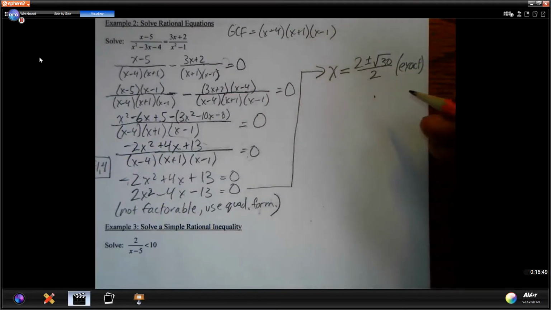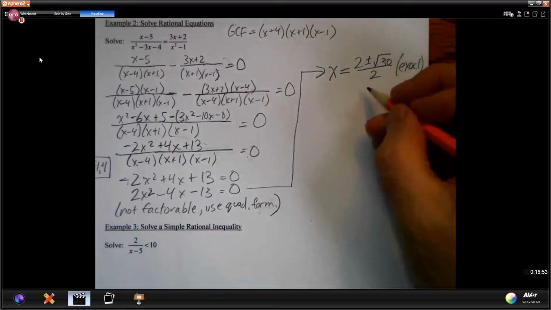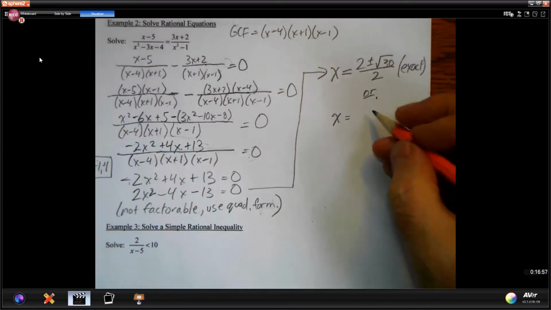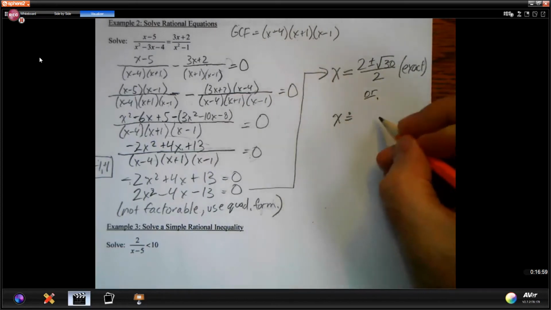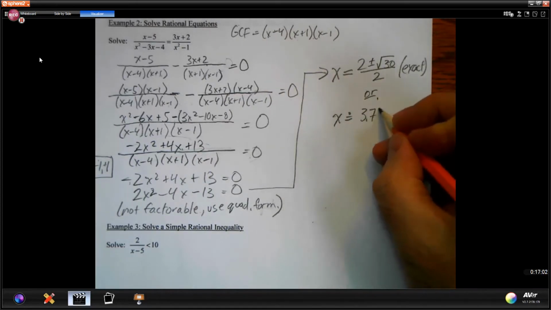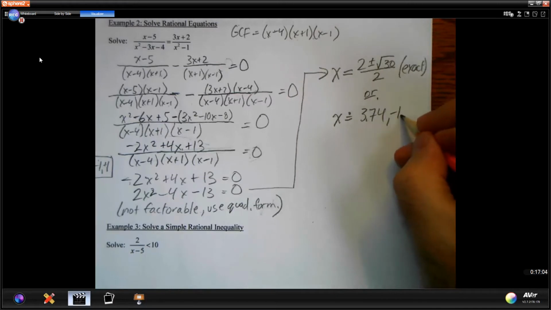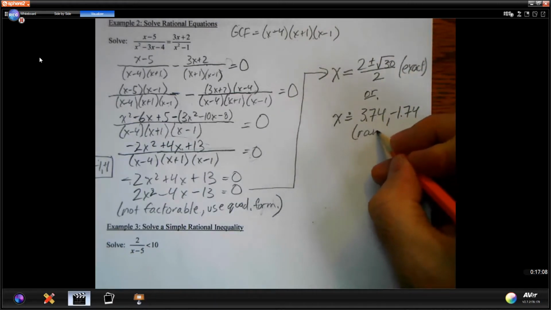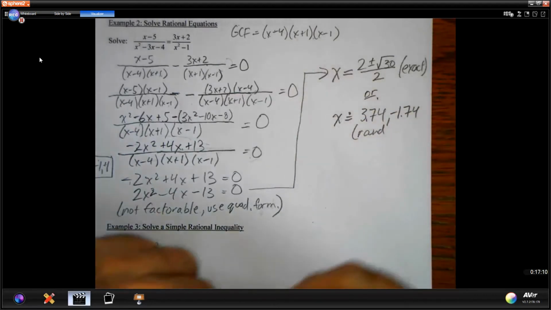Okay, so if you're asked for exact solutions, this is what you would give. If you're asked to round your solution to whatever decimals, you could actually evaluate both of these, and we would get x is approximately 3.74 and -1.74. That would be rounding to 2 decimal places.